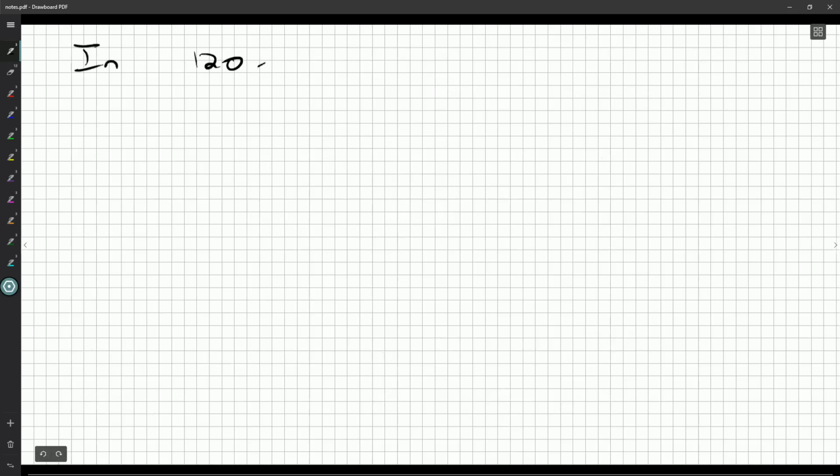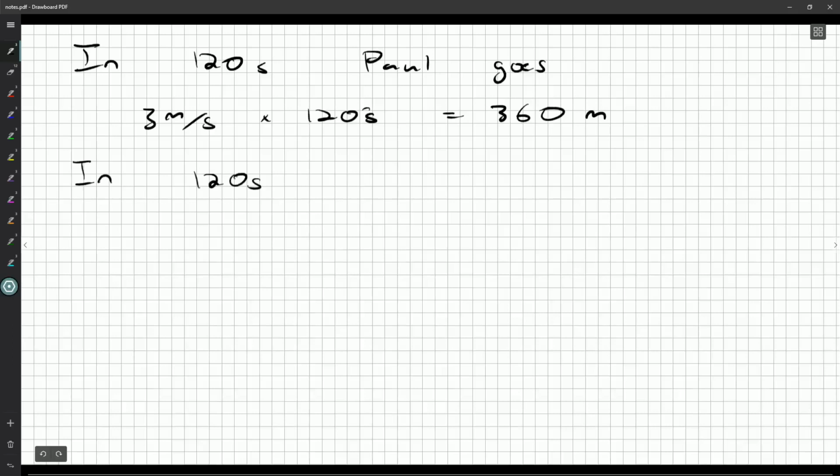So in 120 seconds, Paul goes 3 meters per second times 120 seconds. 3 times 120 is going to be 360 meters. In 120 seconds, how far does Esther go? Well, now that we know Esther's speed, everything's in seconds, so the units will cancel out, we can see Esther goes 120 meters.